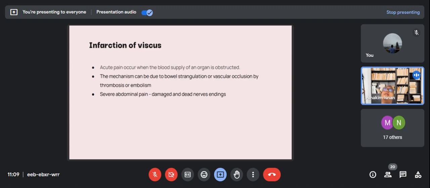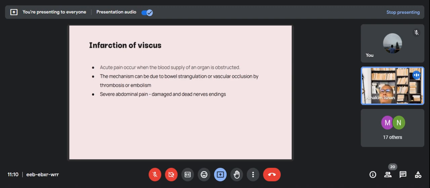For infarction of the viscus, the most prone site is ischemic colitis, at the splenic flexure of the large colon and the rectosigmoid junction, which are distal organs, where there is what we call a watershed area, where the blood supply ends at that part of the colon.